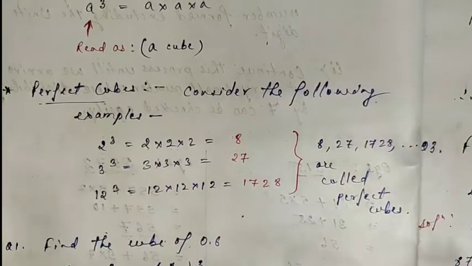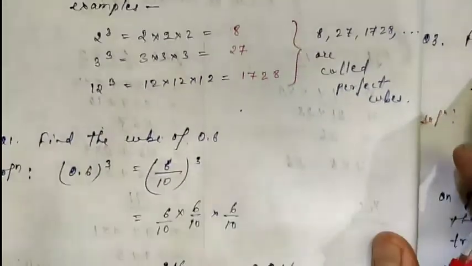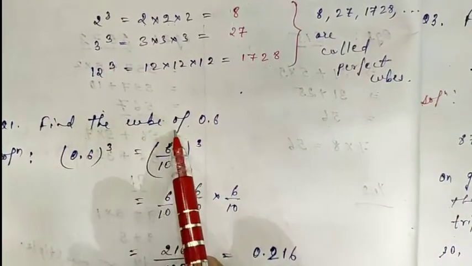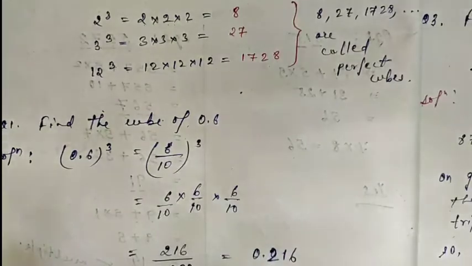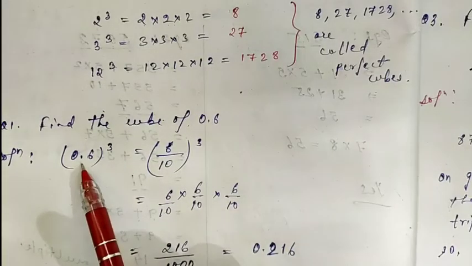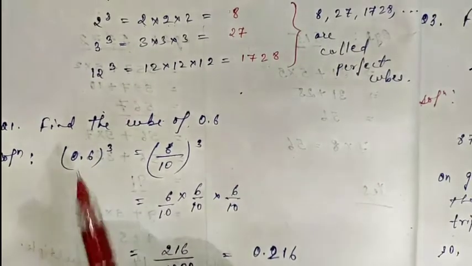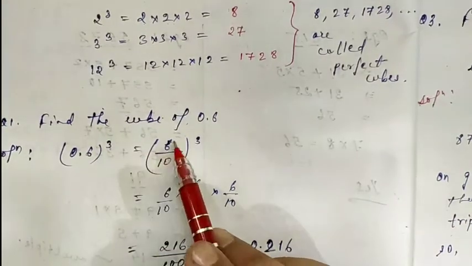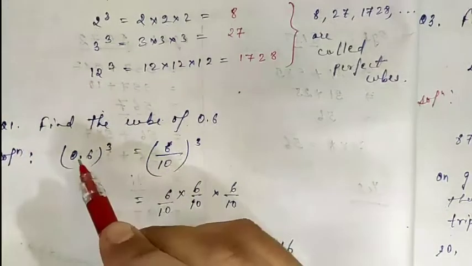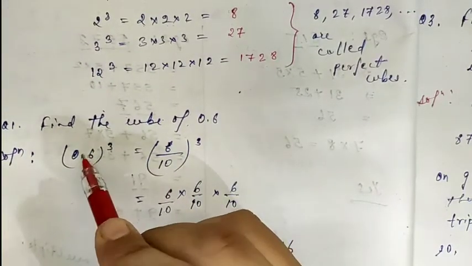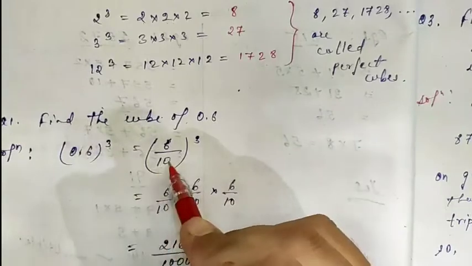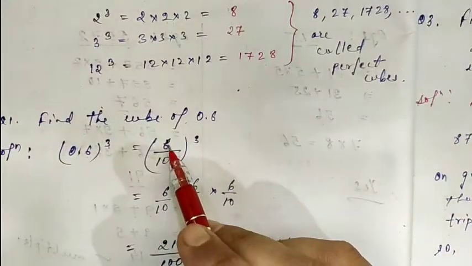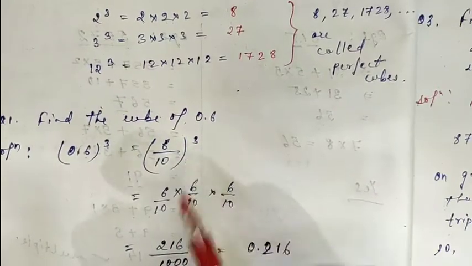Now let us understand this by an example. The first question is: find the cube of 0.6. So 0.6 whole cube. You can write it as 6 divided by 10, because after the decimal there is one digit. To remove the decimal point, I will put a 1 and a 0 in the denominator, and this will be 6 by 10 whole cube.